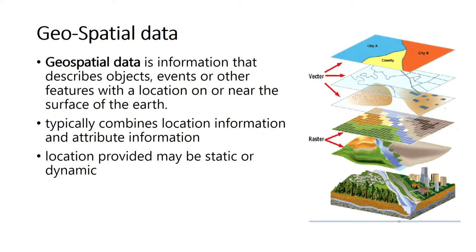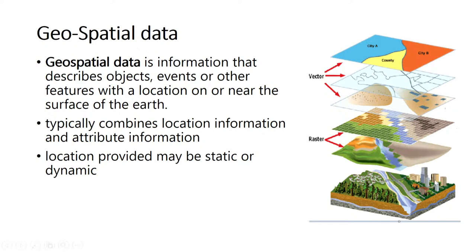So what is geospatial data? Geospatial data is information that describes events, objects or other features with a location on or near the surface of the Earth. So geospatial data is the information that associates location information with the objects, events or features about which the information is being presented.